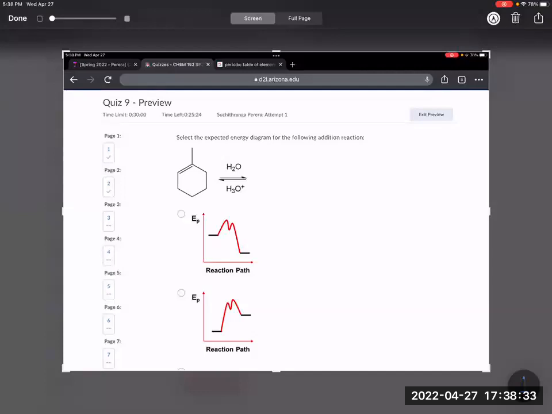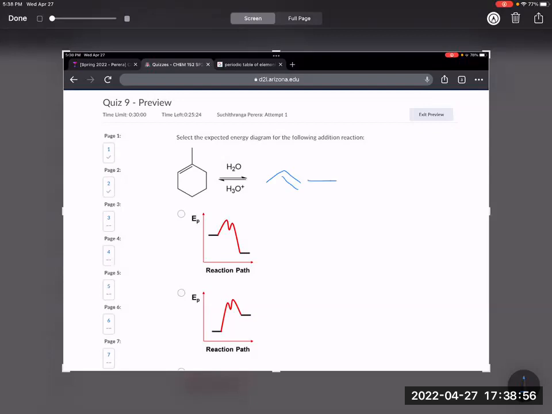One is when you add water. The other is when you add something like HI, HCl, HBr, or HF. For this mechanism, when you add water, let's pick a smaller alkene that is easy to deal with. It doesn't matter because it's going to be the same for any alkene.